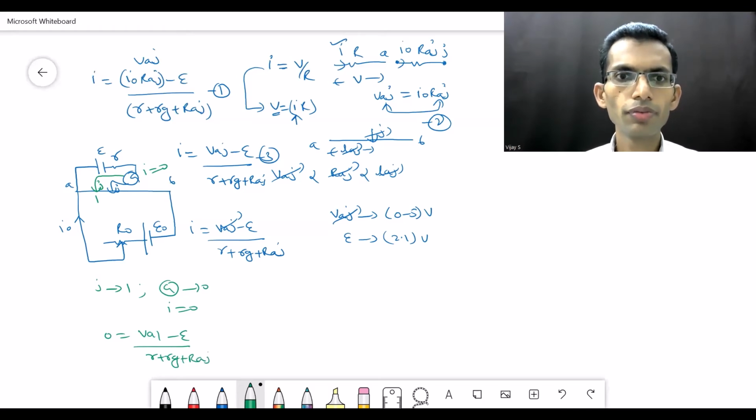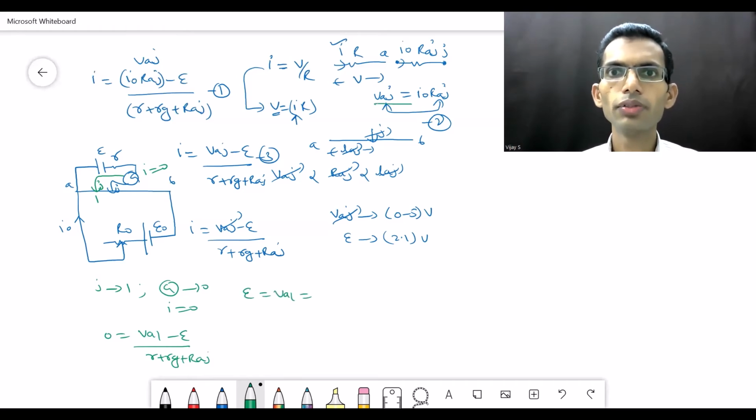As the LHS is 0, we get E is equal to VA1, which, substituting J is equal to 1, is equal to I naught RA1. This is equation 4.